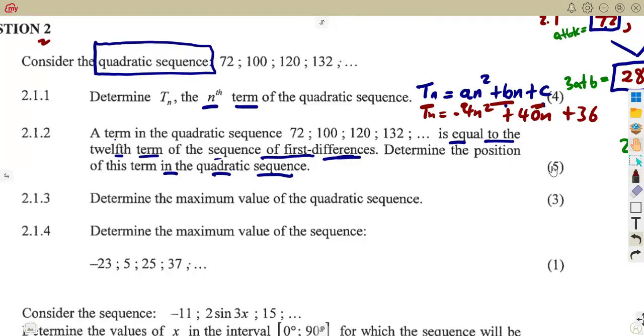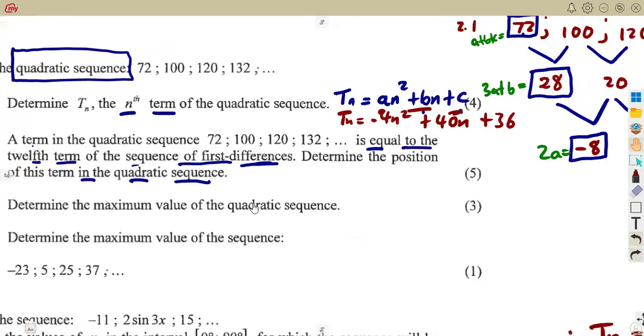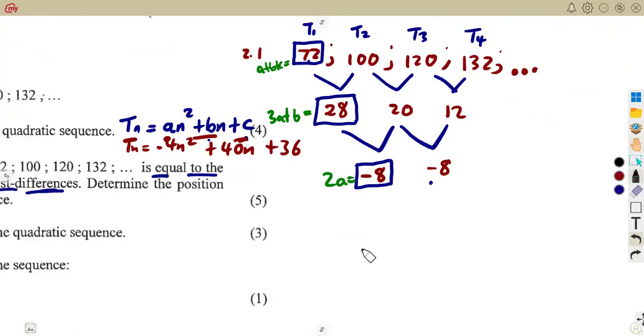So, guys, let us understand the question. They are saying a term in the quadratic sequence, which is the one that we calculated our Tn for, meaning that is 2.12. I'm just going to write this part here, 2.12. Tn of the quadratic sequence, which is the one that we obtained here, minus 4n squared plus 40n plus 36, this one.